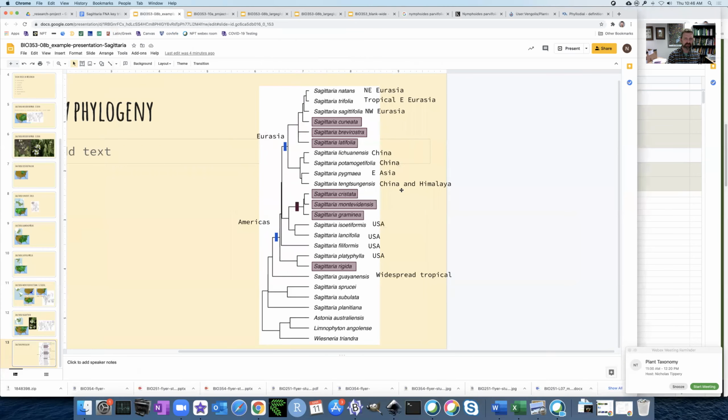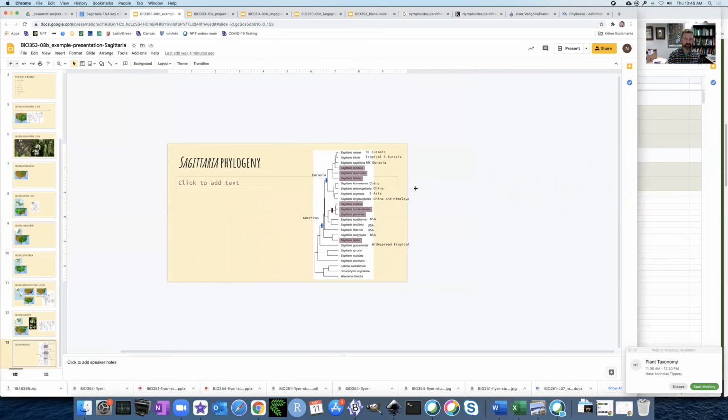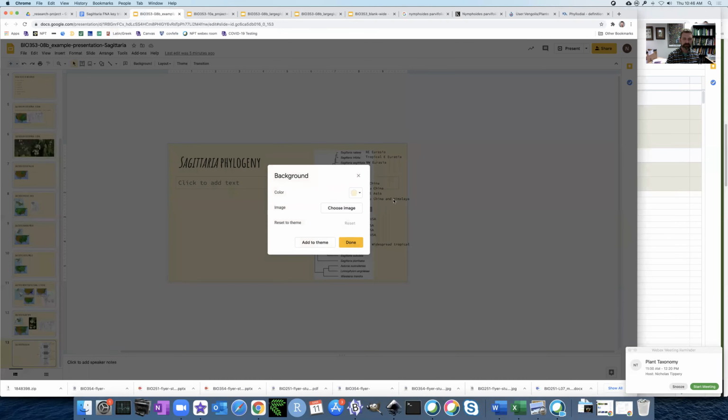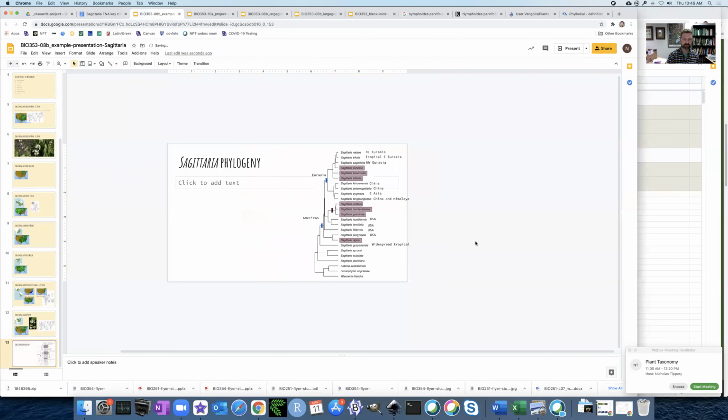So maybe I'll clean this up and put it into a more final presentation and give you an example of the presenting part of this. But for now, I think that probably goes through most of the parts of putting your data together and gathering images, making those useful. Hopefully you're having some good luck putting your presentation together.